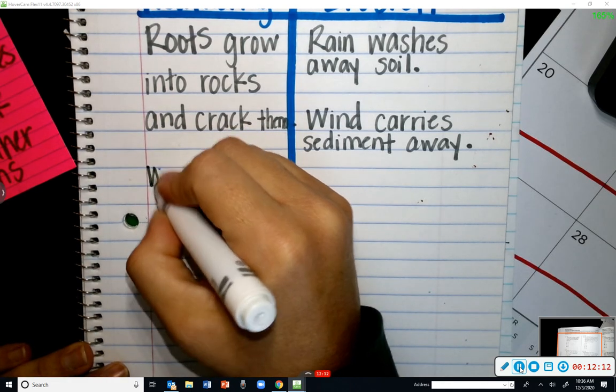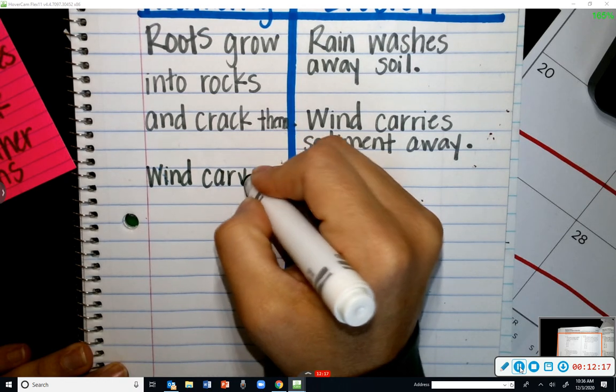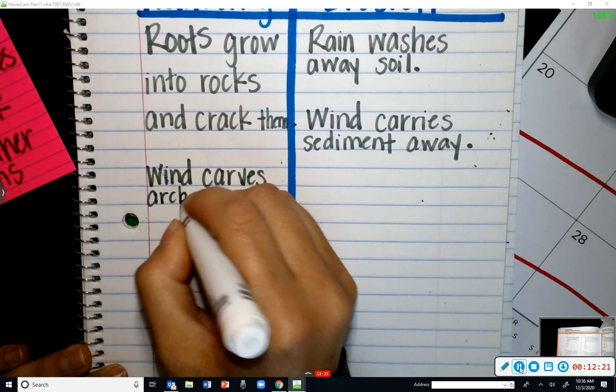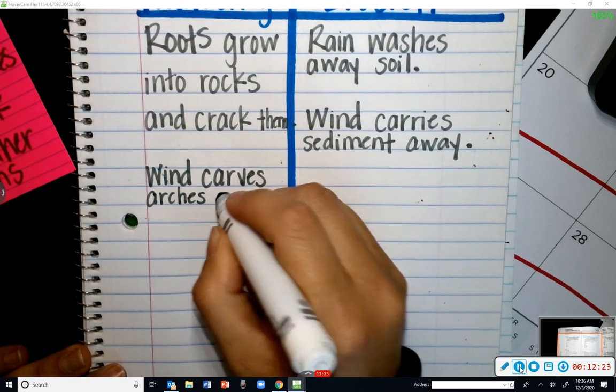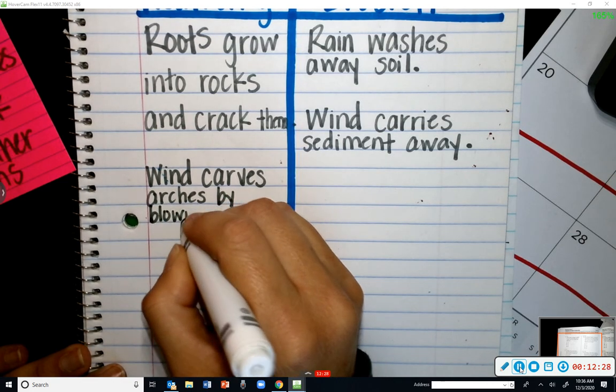So wind carves arches by blowing rock against it.